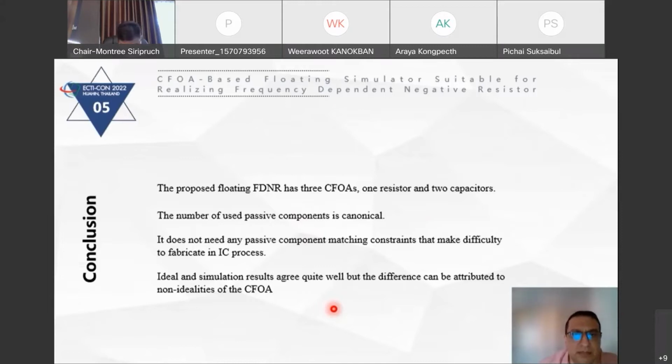This number of passive elements is canonical, and the circuit does not need any passive component matching constraint, which makes it suitable for IC processing. Also, ideal and simulation responses match each other, quite agree, but the differences can be attributed to the non-idealities of the CFOA.